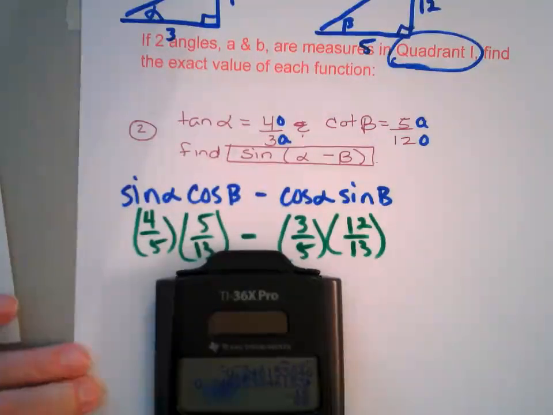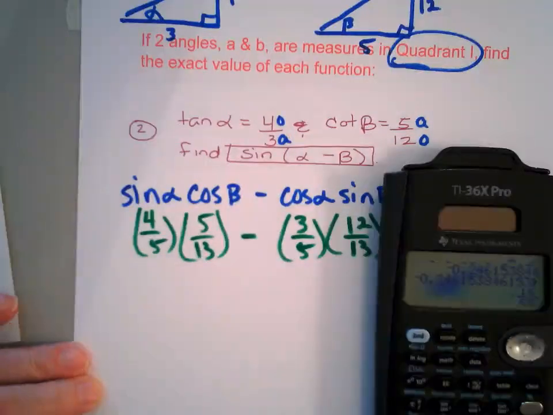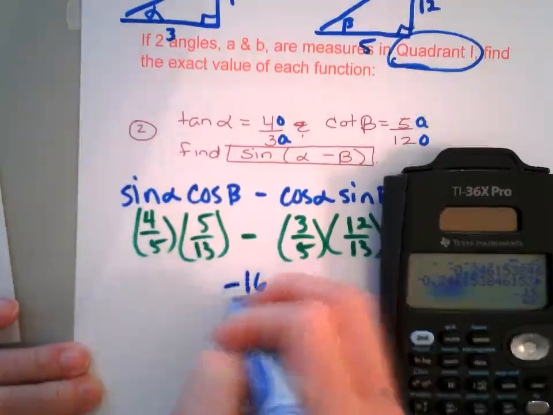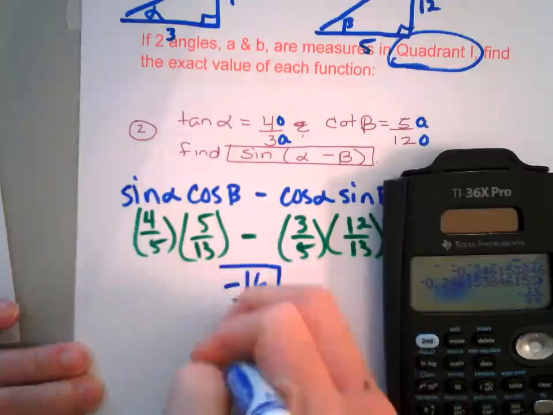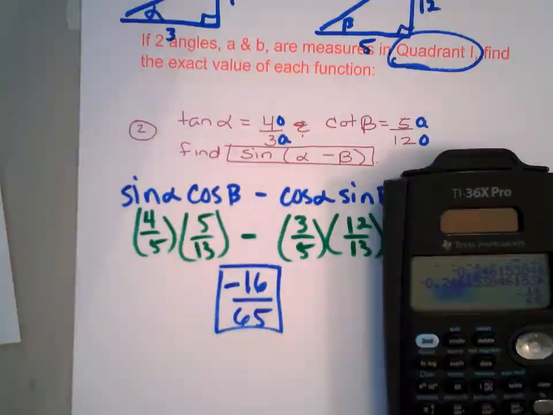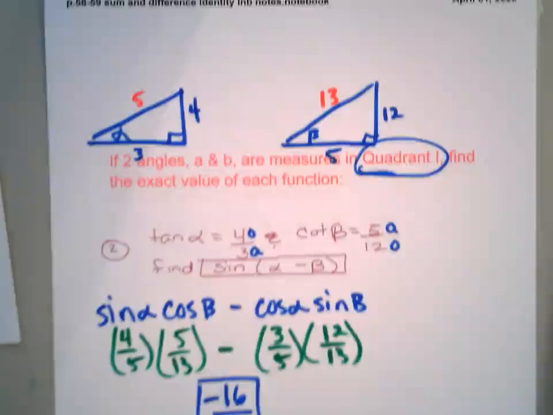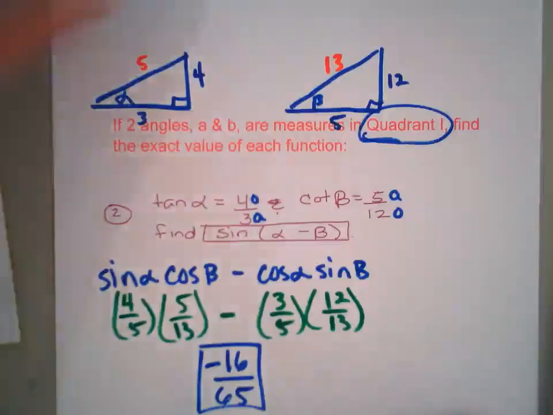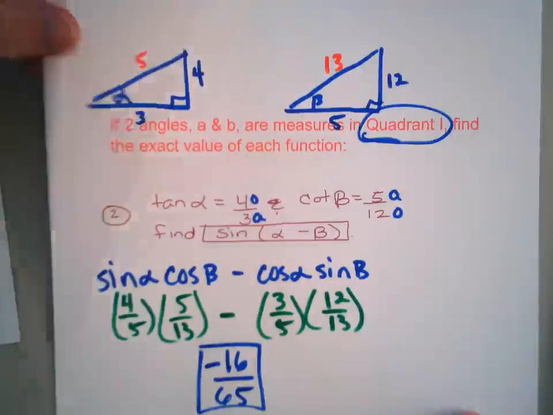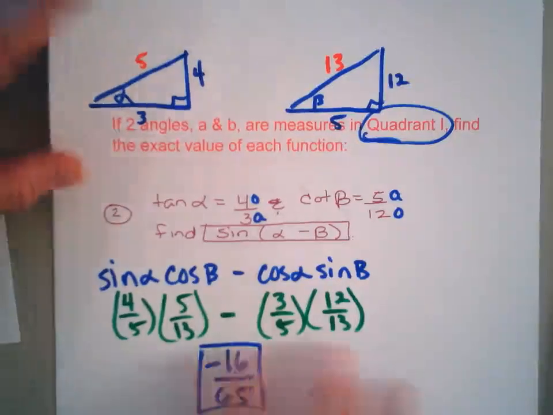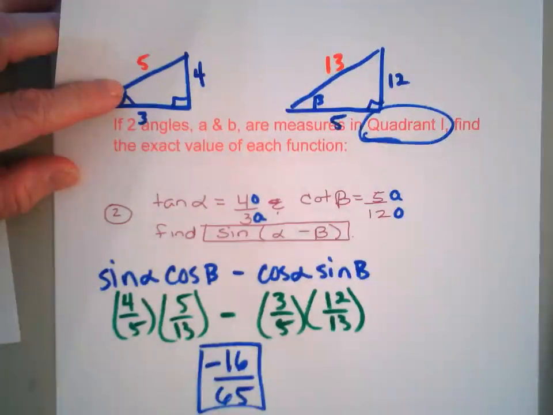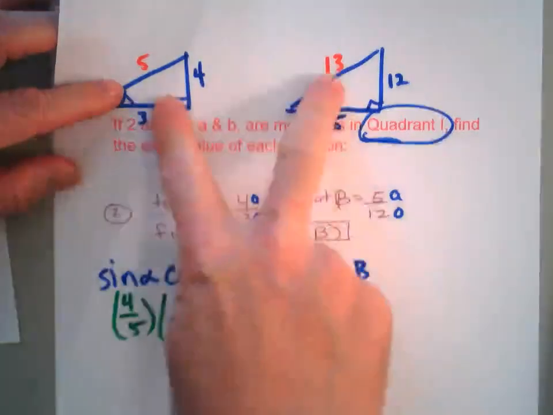Negative 16/65. That is the sine of alpha minus beta using a couple of triangles. Yep, you got to show all your work, except you can plug in the calculator and let the calculator do all that calculation for you. But you got to set it all up, got to draw the triangles, and show me an answer.